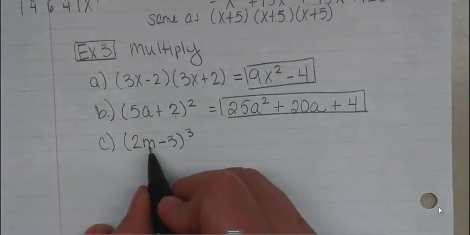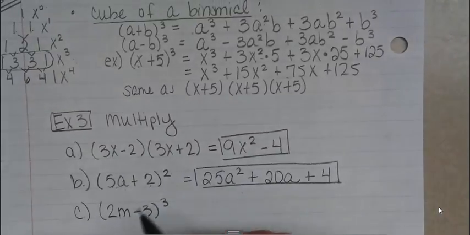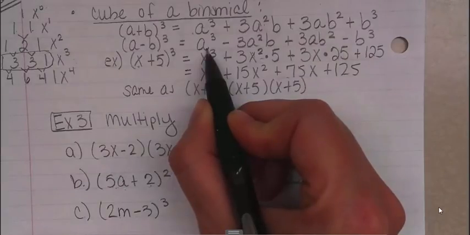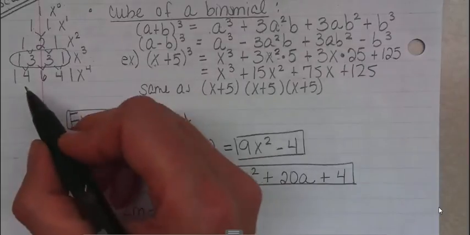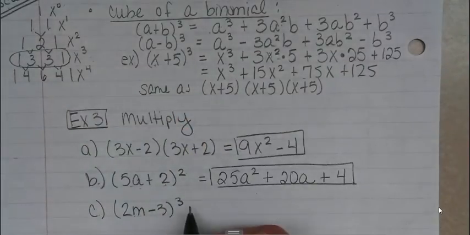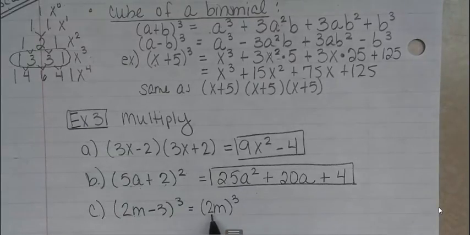All right, so I'm going to take my first term, just like here, and I'm going to cube it. Now the coefficient is originally 1, but when I take 2m and cube it, I'm going to actually end up with 8, eventually.